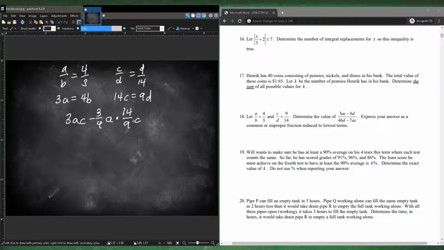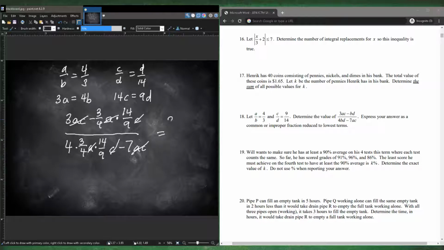So now we have A and we have C. And then we have 4BD, so our B is again 3 over 4 A, and our D is 14 over 9 C, and then minus 7AC. Okay, so we can divide AC from every single term, because they're common.